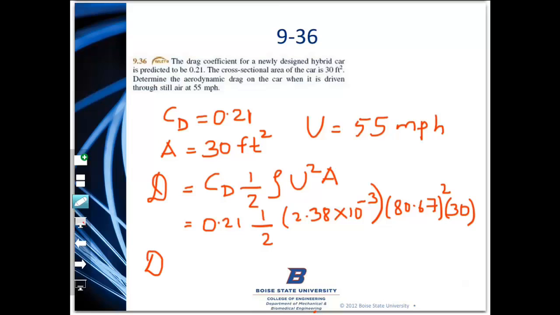So you'll then determine the drag as 48.8 pounds. Okay, this is a simple calculation. However, you should know what you're given in the problem and then just apply and find the drag. The key step here is to convert miles per hour to feet per second, just to be consistent with the units.